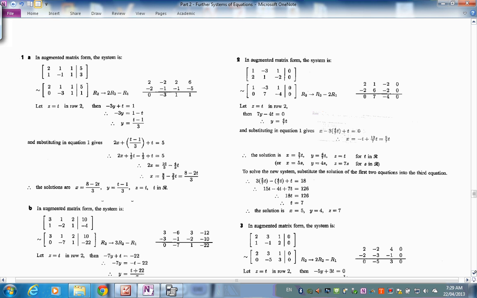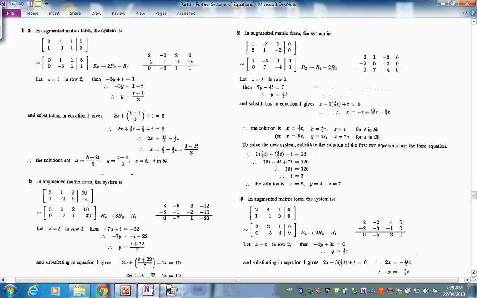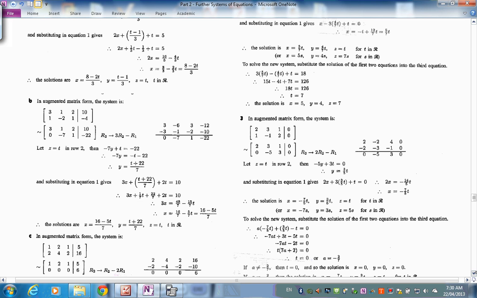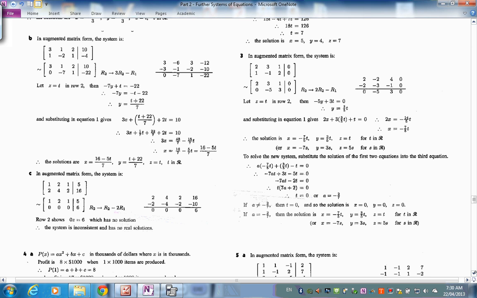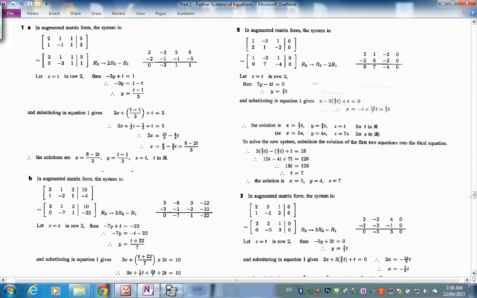Let's have a look at question 1. A and B. Question 2 and 3 coming up there. Let's just go down a bit. A, B and C. And question 3. Did you get question 2? There it is.